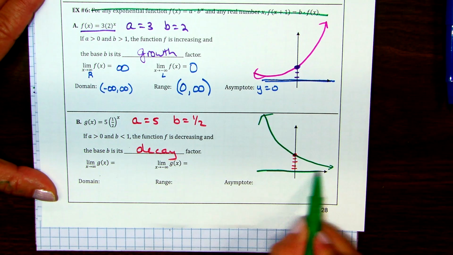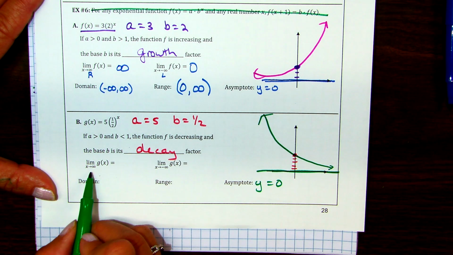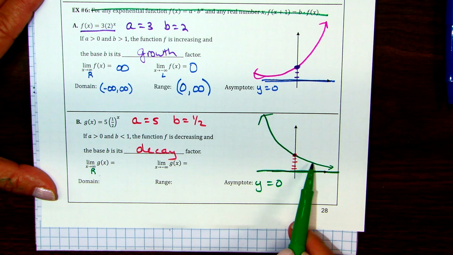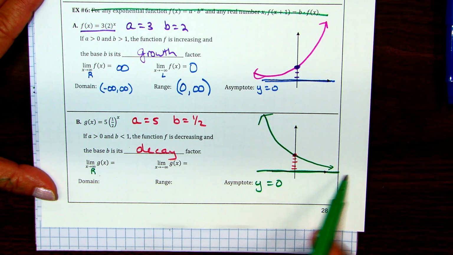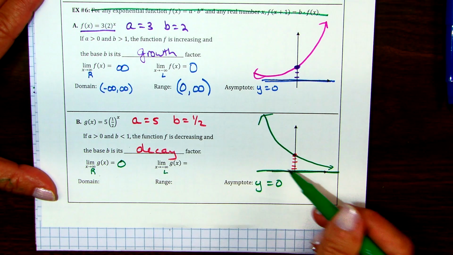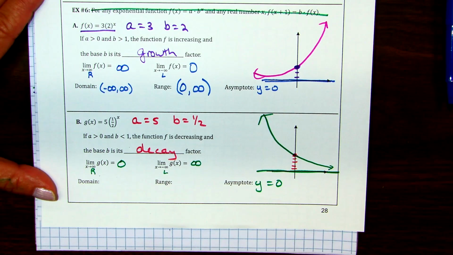So it goes the other way with that asymptote at y equals 0. So as we go to the right, what are our y values approaching? 0. As we go to the left, our y values are approaching positive infinity.